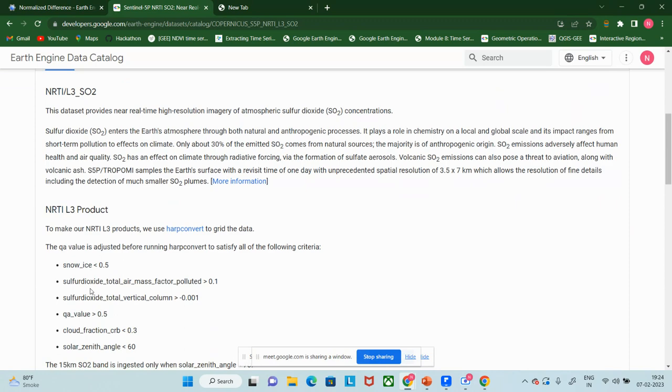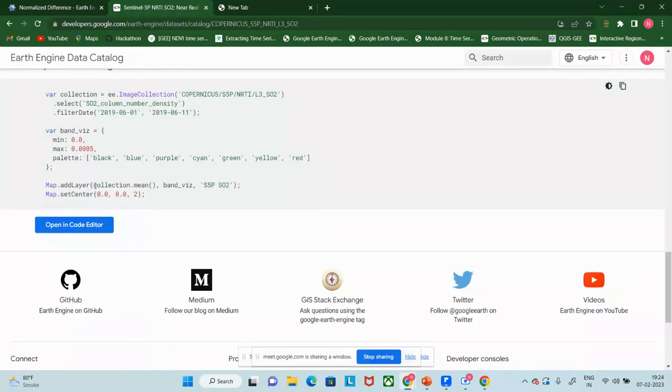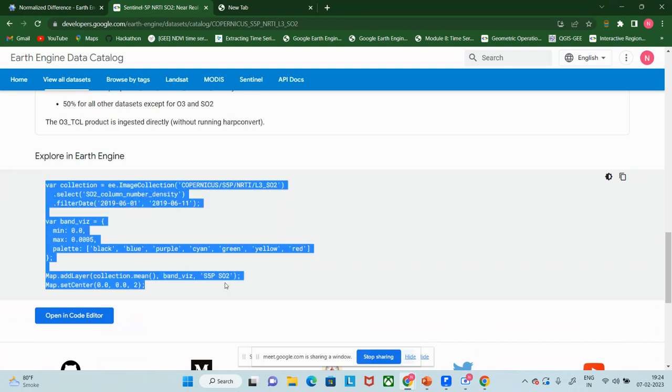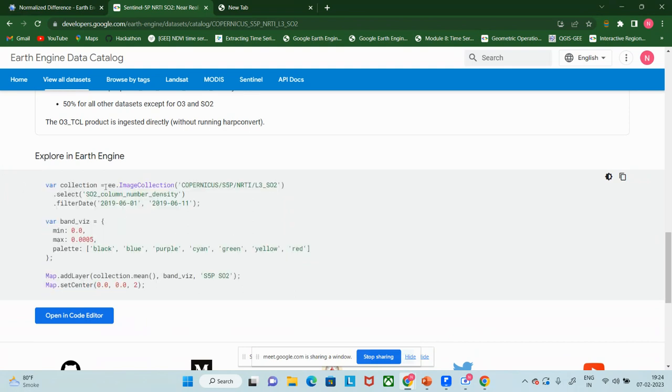Some example codes are written for every dataset. Here we can see in this data it is written which collection it takes. So this is taking Sentinel 5 data. We will be working on microwave, so we will take that Sentinel data, which I will show later. For now I am just showing you Sentinel 5 data.